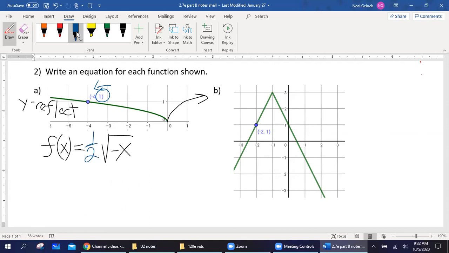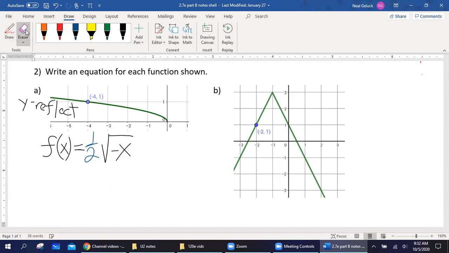I can tell that this thing usually goes 1, 1, and then 4. I don't need a dot there, I'm sorry. Usually goes 1, 1, and then 4, 2 for its other point, if this were to keep going. But it's only going 4, 1. So it must have been smashed down a little bit.